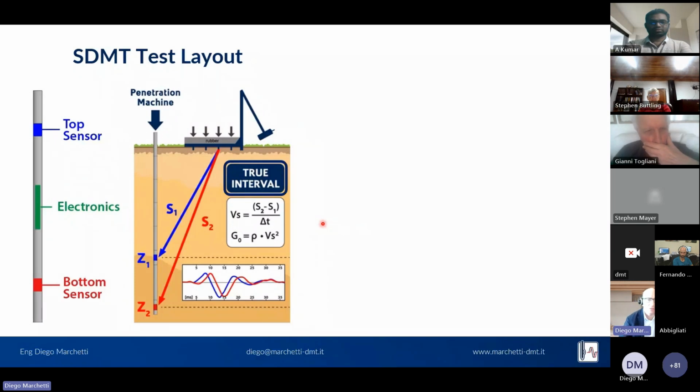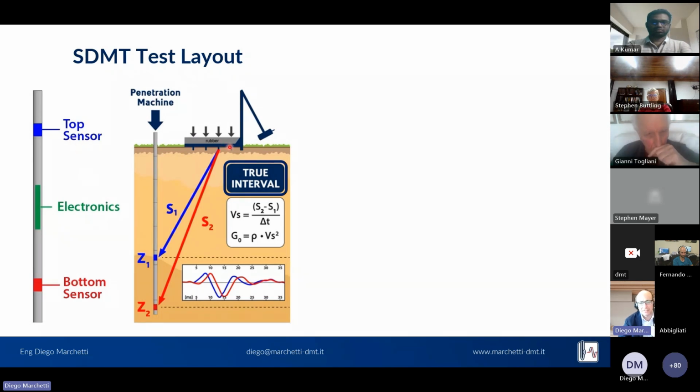The seismic dilatometer is a test that requires an instrumented rod with an electronic board inside this instrumented rod and a top and a lower sensor. The instrument is pushed into the ground and typically advanced every half a meter because the sensors are spaced half a meter.